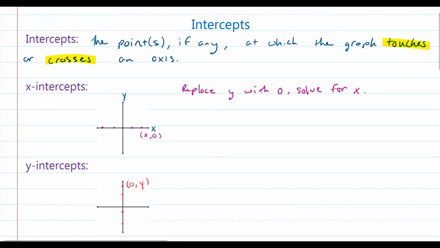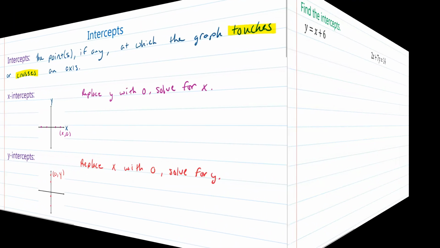As a result, we can use that to algebraically find the y-intercepts. So in this case, we will replace x with 0 and solve for y, and this will algebraically give us our y-intercepts.